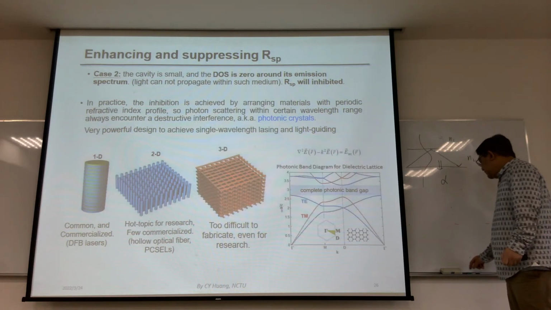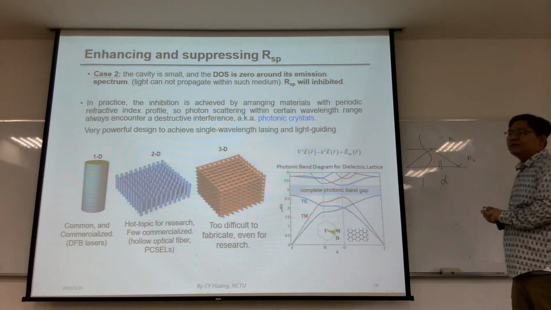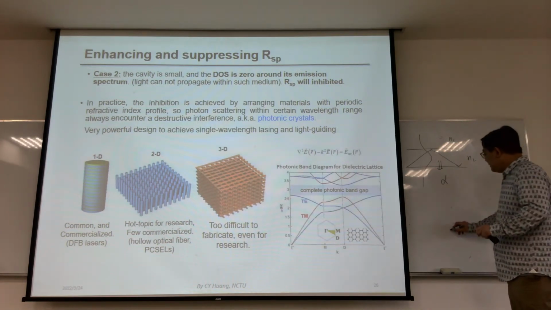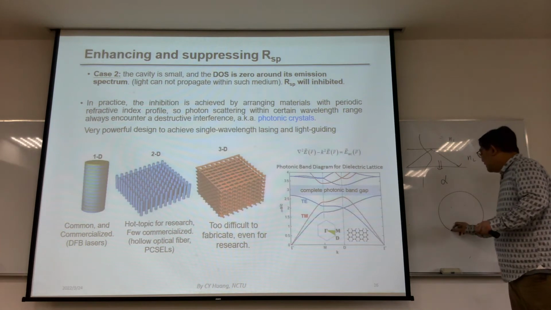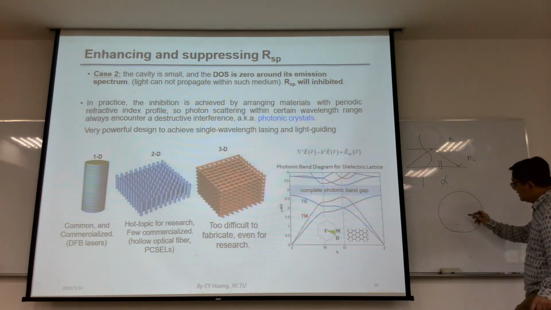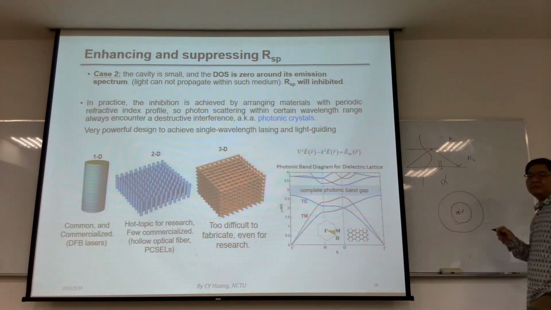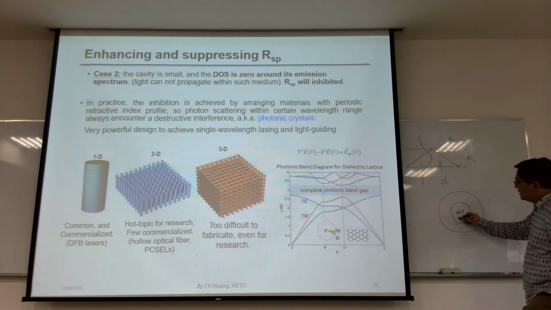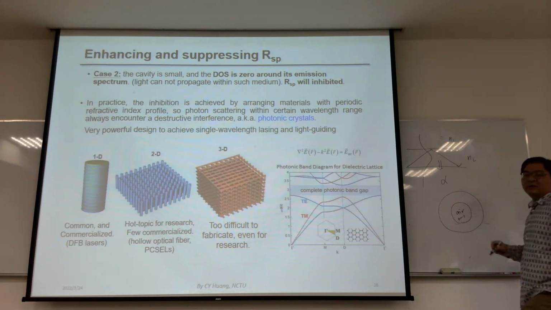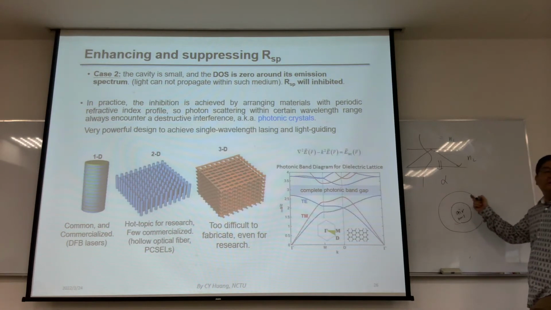So it comes to a concept called hollow fiber. That means we are doing a fiber projection like this, but we have nothing inside. But you might be questioning, the air has n equal to 1. The refractive index is low.